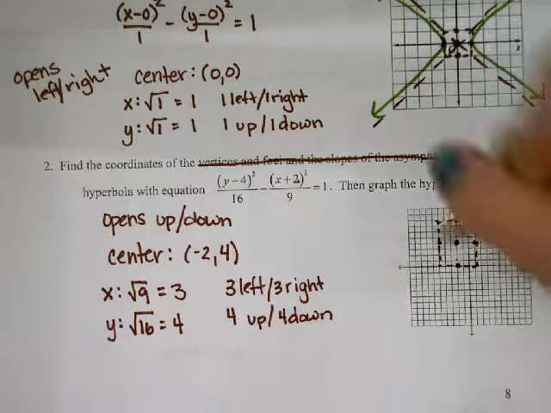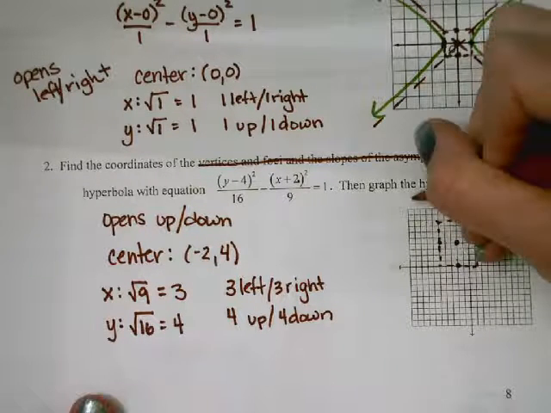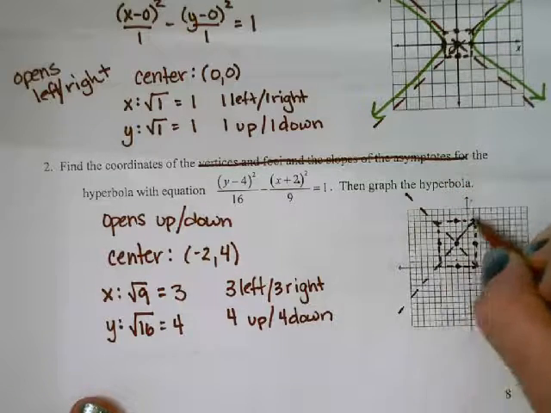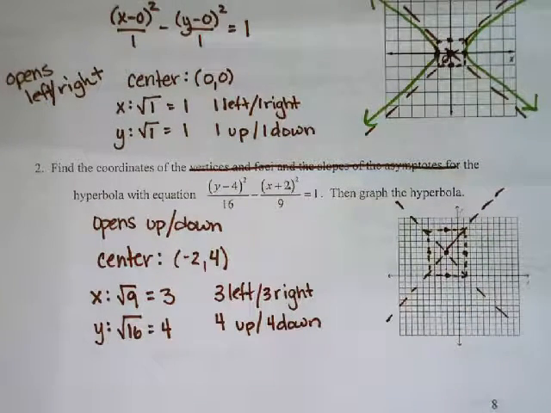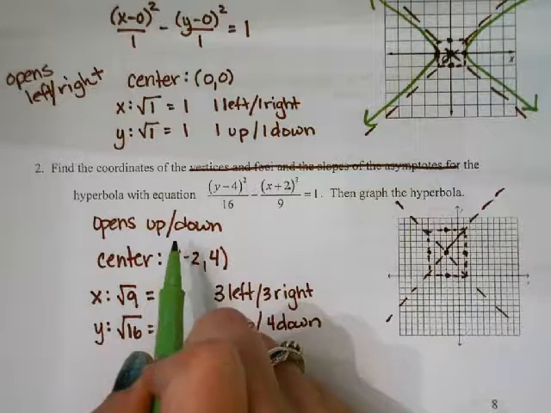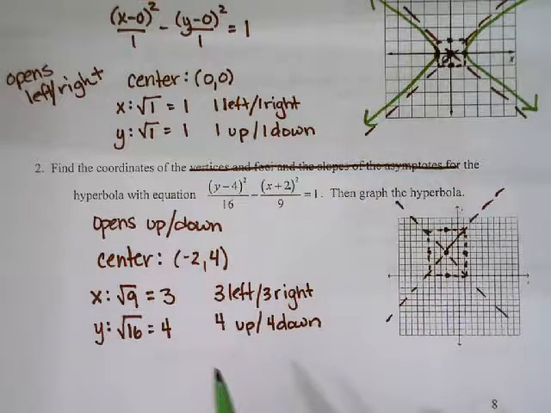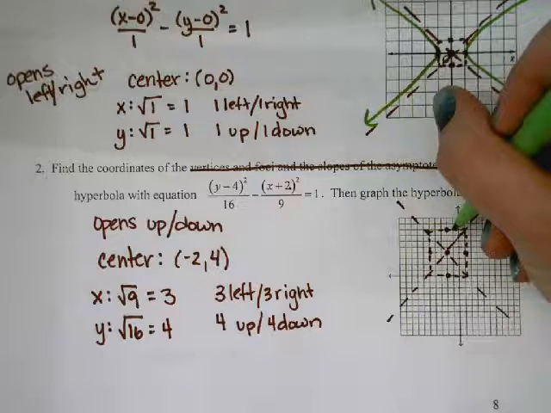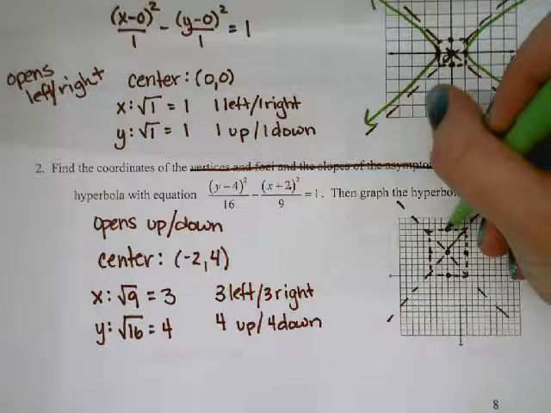Okay, from one corner of the box through the center to the other corner of the box, I'm going to extend and draw in my asymptotes. Okay, we know this guy opens up and down. This top point right here that we used to draw our box is now my vertex for my parabola.